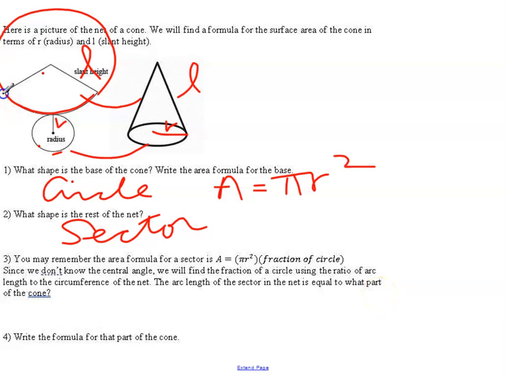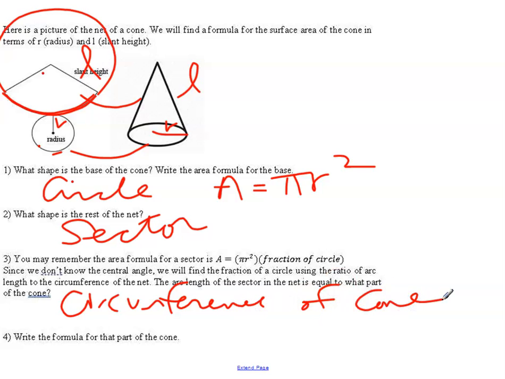The arc length of the sector is the circumference of the cone. Different from the circumference of the net, circumference of the cone. Write the formula for the circumference of the cone. 2 pi, and we're using r, not L just yet.